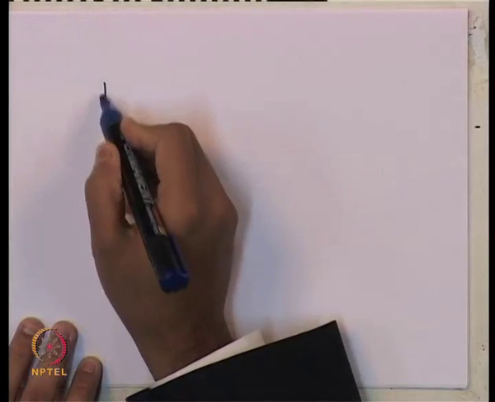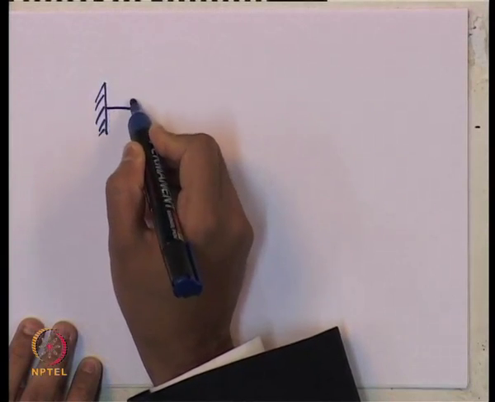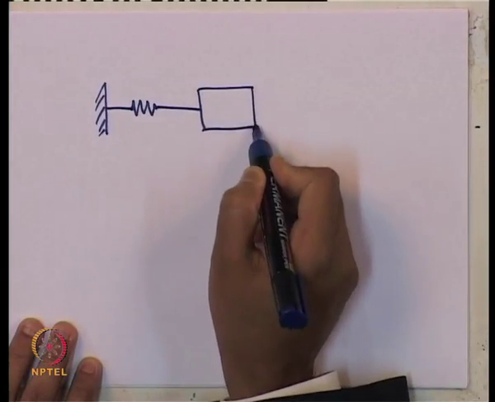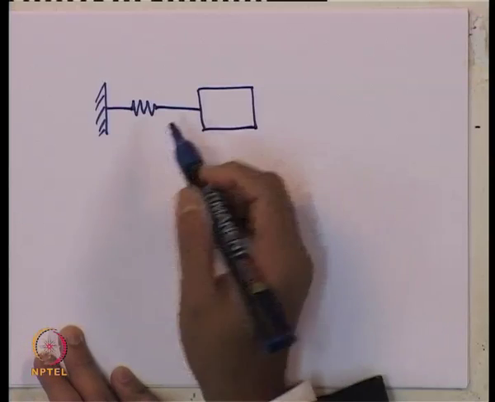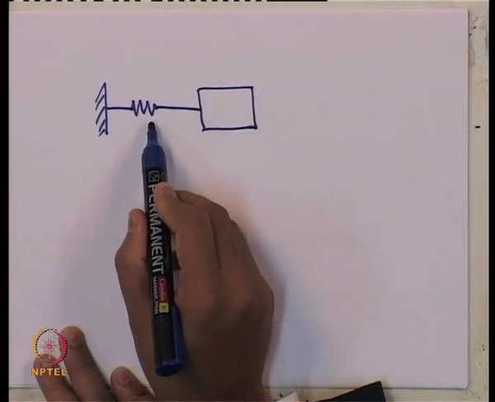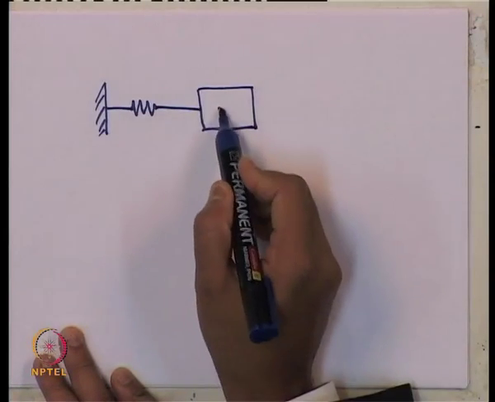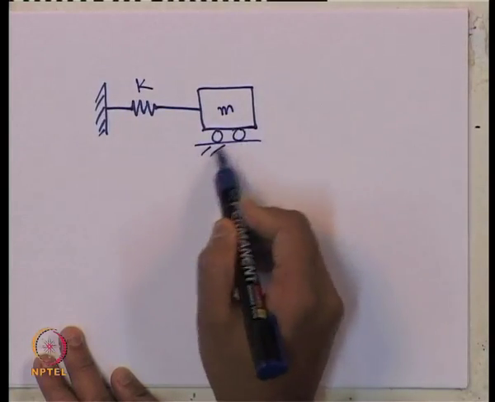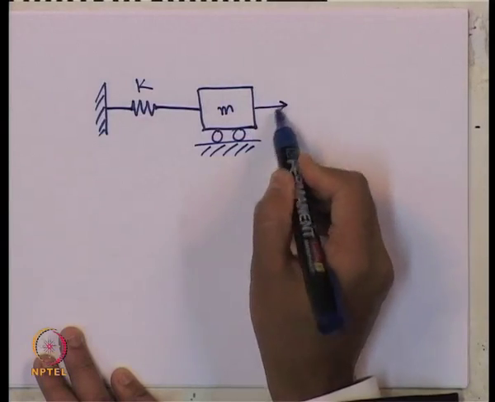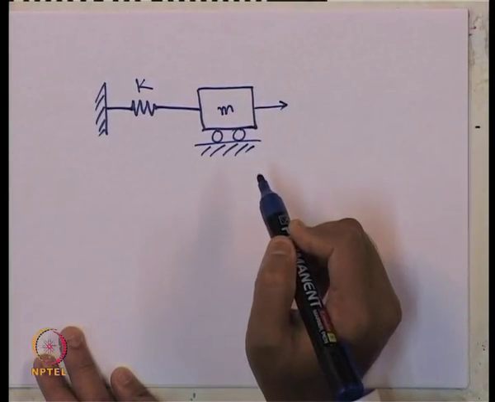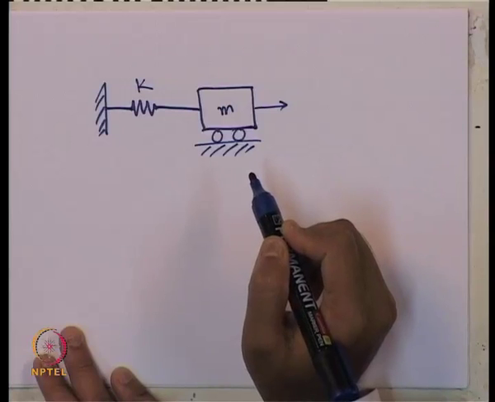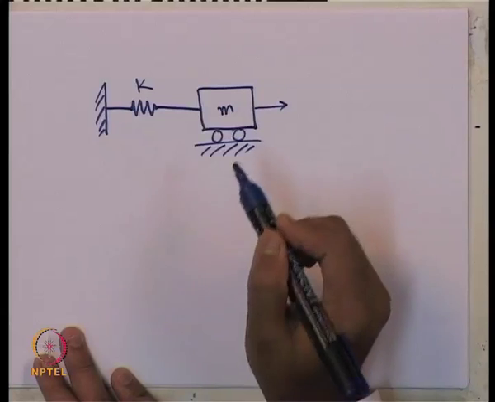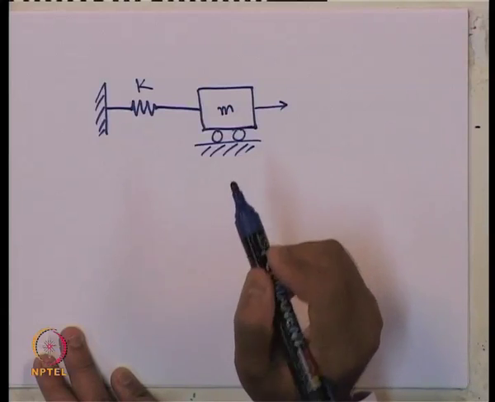Let us look at a few more examples of how to obtain the degrees of freedom of different systems. If we take a system like this, it is a rigid support, then one spring connected to a mass like this. So, if any dynamic load is applied to the system, how many independent coordinates are required to define its position at any point of time?